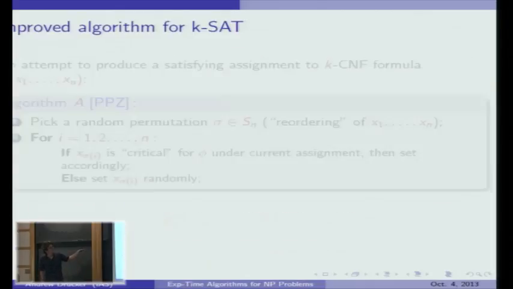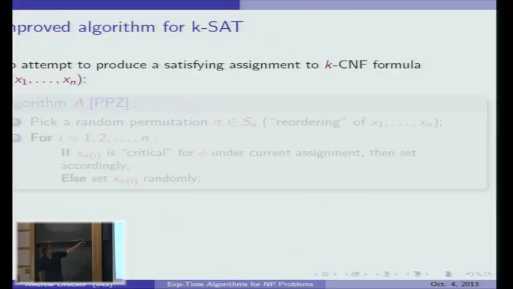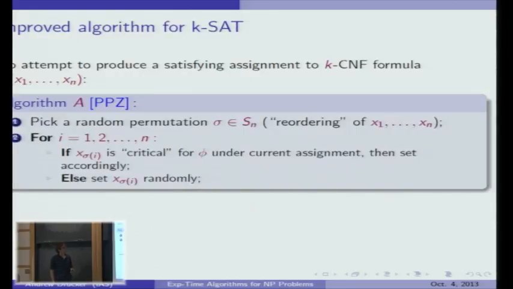So we're given a formula phi, and we're going to try to assign x1 through xn to satisfy it. And the algorithm is very simple. First, we're going to randomly reorder the variables. Okay? And then we're going to go through the variables in that order, and we're going to set them one by one.